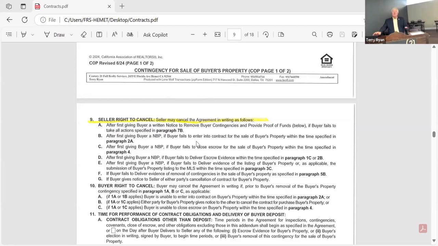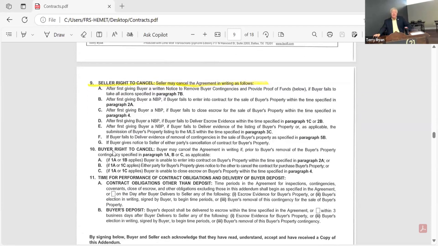So understand that all of these, if you look at them, it's after first giving them an NBP, after first giving an NBP, after first giving an NBP. So they still have the right to perform. And you as a seller still have to give them whatever was written into the contract. You have to give them that much time to accomplish those things.